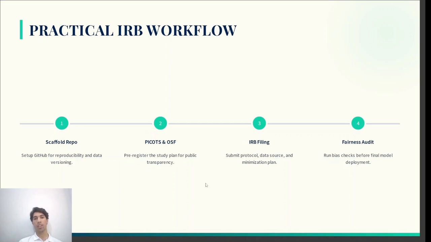After that, we submit our protocol, our data source, and our minimization plan to the IRB. And after our model is trained and our research is completed, we do a fairness audit and we run bias checks and we judge our model and our research on those fairness metrics before our final deployment into production.